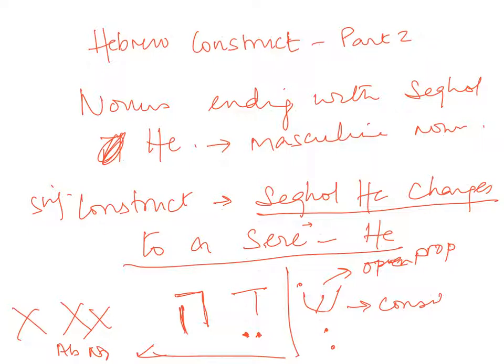Yeah, so if you remember, open pretonic syllables generally prefer a long vowel. This is certainly a long vowel, but is it functioning as a pretonic? Well, if you consider the absolute noun as a complete tonal unit, perhaps in that sense. But right now, you just have to remember that the segol he changes to a sere he.